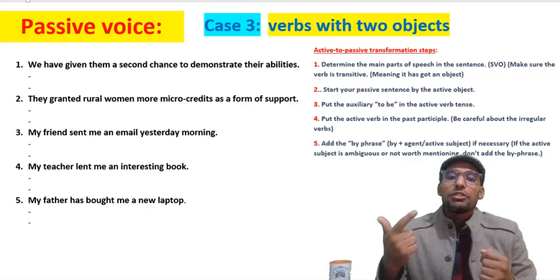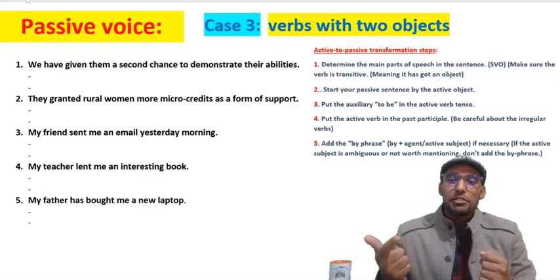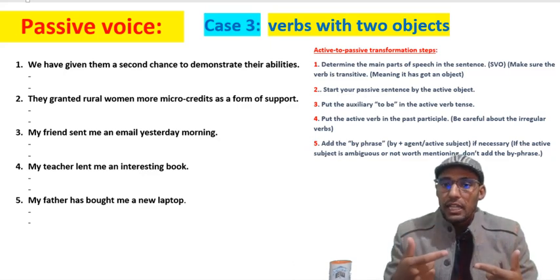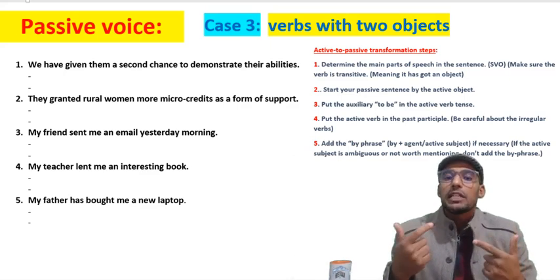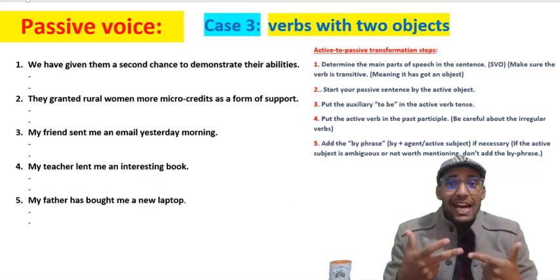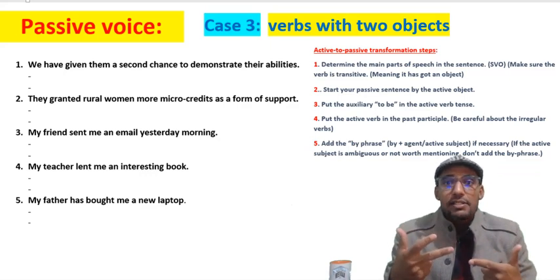Number 2, we got to start our passive statement. The passive voice sentence should be started by the active objects, by the objects in the active form. And then number 3, we need to put the auxiliary to be in the active verb tense.